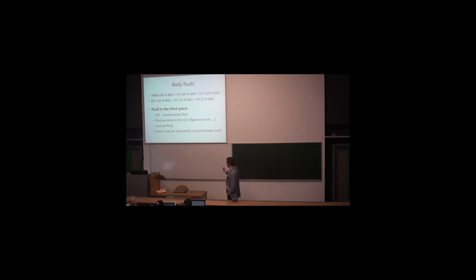So, for example, you know that if you have accumulation of fluid in peritoneal cavity, we call this ascites. It's typical for the people with liver problems, and you can accumulate there several liters. The same in the pleural cavity, you can have accumulation of the fluid. You can see it, for example, on the chest X-ray. There you will see the white color, and that means that there is some liquid.